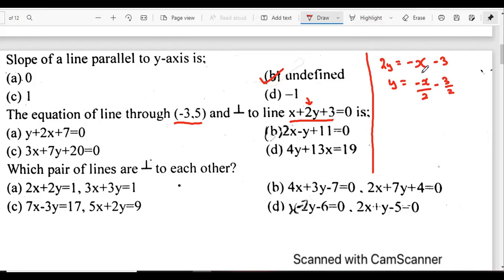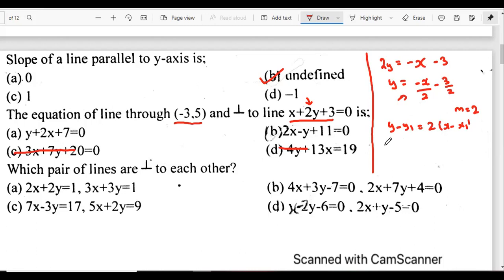Okay. Now, for this question, we know that the slope of our line would be 2 because it would be negative reciprocal. If the slope is 2, this means that we would be having y minus y1 equals m times x minus x1. Okay. Obviously, I need to plug in the values of x1 and y1, but before that, I can cancel out some options, and they are D option and C option because the coefficient of x must be 2.